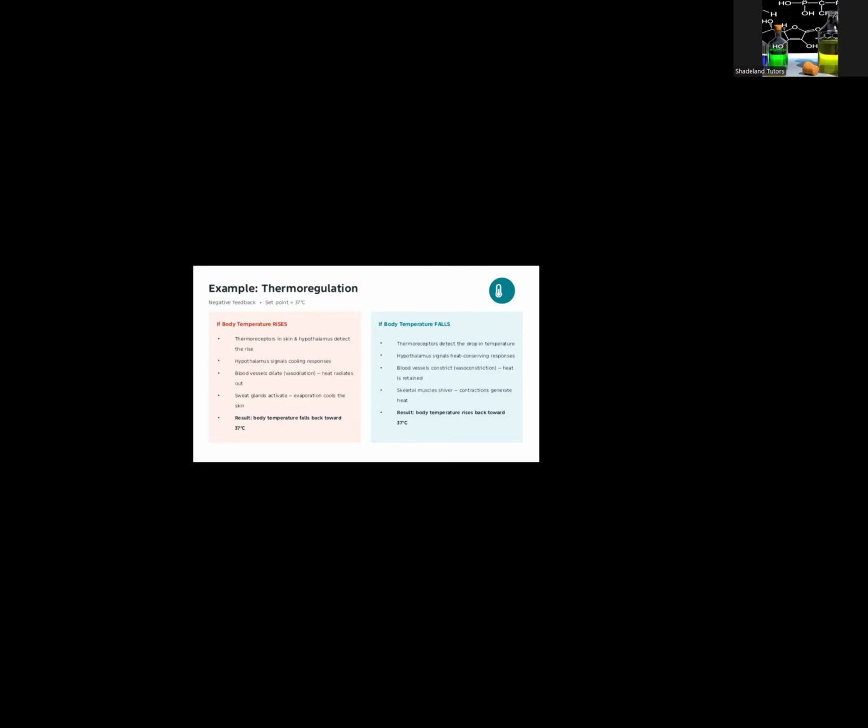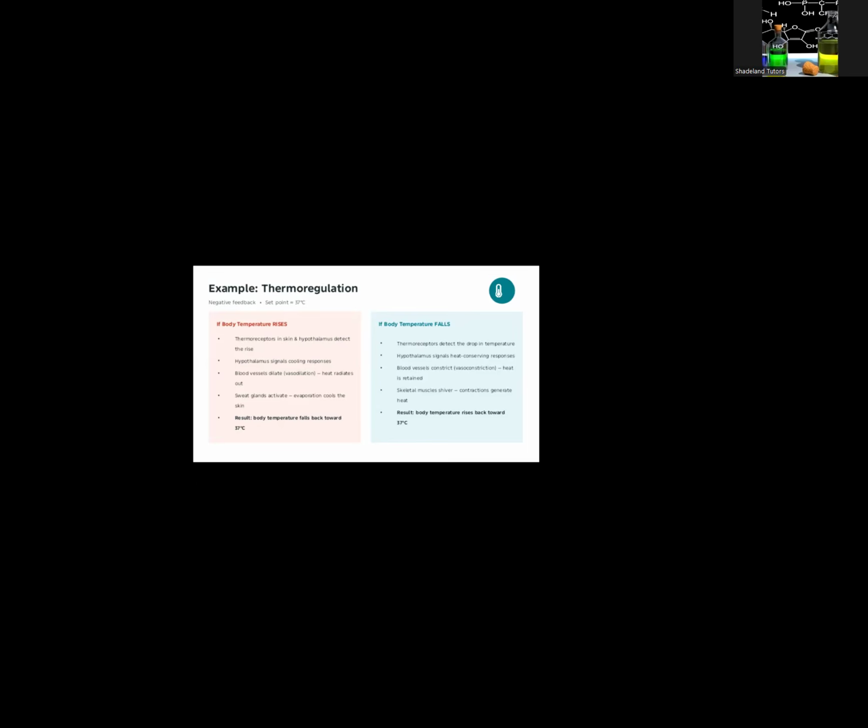The liver stores blood. No, it's not a homeostatic function. This is a function of the liver, but it's not a homeostatic function. Why is it not? Because it is not in any way trying to create a steady internal environment.